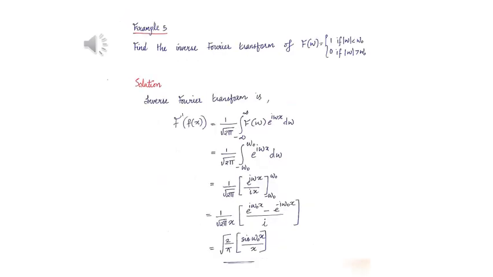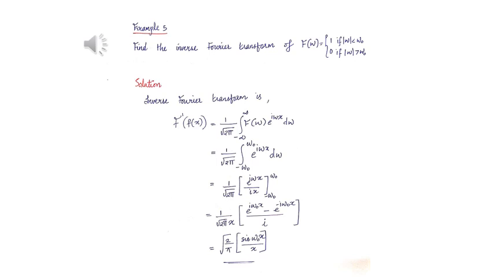Example 5. Find the inverse Fourier transform of capital F of omega, that is equal to 1 if modulus omega is less than omega naught and 0 if modulus omega is greater than omega naught. That is, the inverse Fourier transform is script F inverse of F of x, that is equal to 1 by root 2 pi integral minus infinity to infinity F of omega e raised to I omega x d omega.